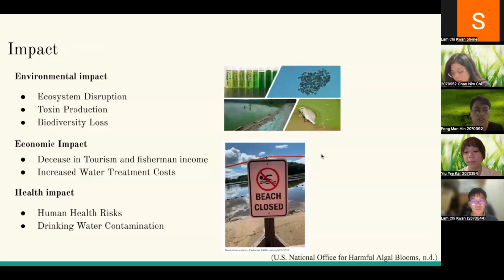Second, for tourism, beaches affected by blooms may be closed or unsafe, leading to decreased visitor numbers. This can also affect hotels, restaurants, and local businesses, impacting businesses related to recreational activities.